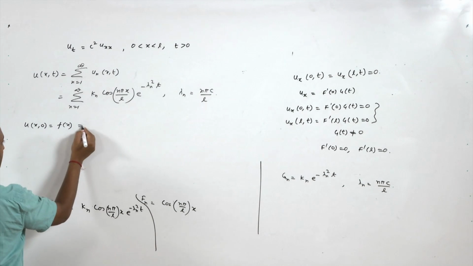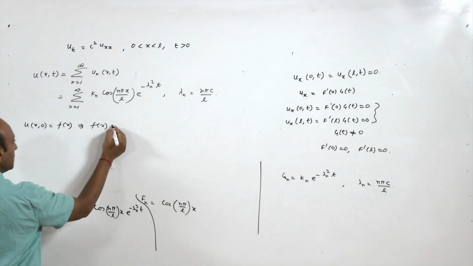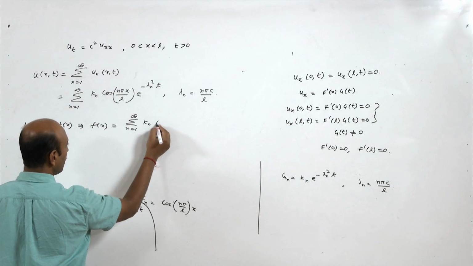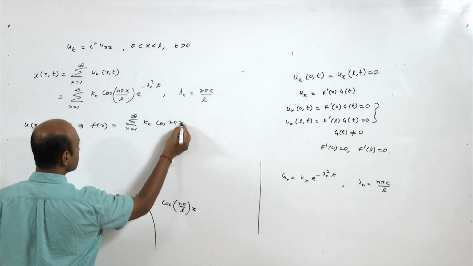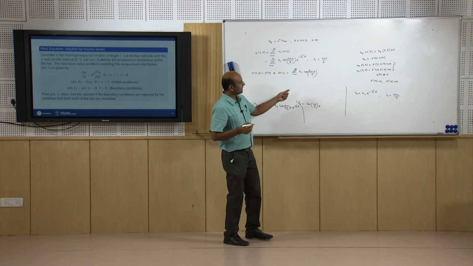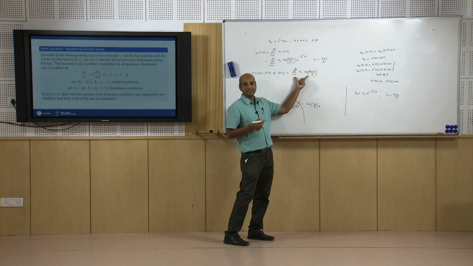So, this implies f x will be equal to the summation n from 1 to infinity of k n cos n pi x by L. So, now it is a Fourier sine series, I mean cosine series.